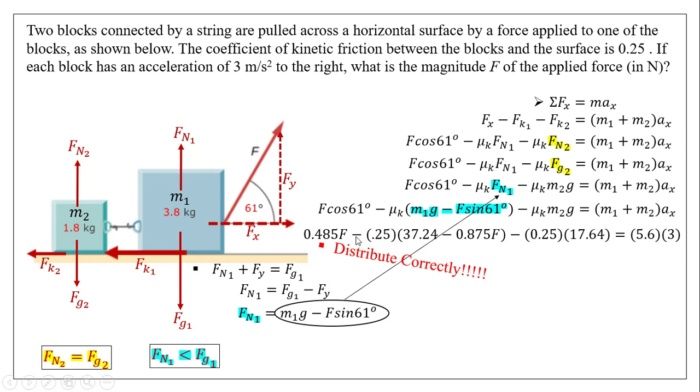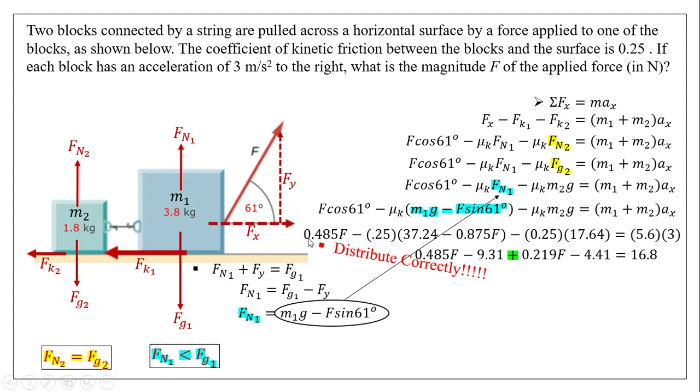Make sure you look at the sign in front of the coefficient. So negative 0.25 times 37.24, and then you have negative 0.25 times negative 0.875F. So a negative times a positive is a negative, but then a negative times a negative will give you a positive. So make sure you distribute the negative sign, otherwise you will have your signs off, and if your signs are off, everything else is going to be wrong, okay?